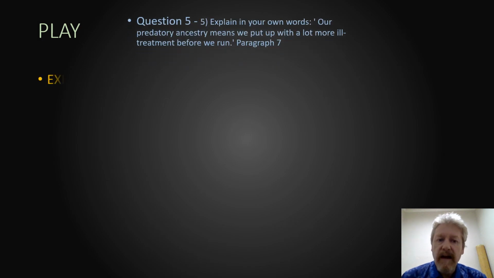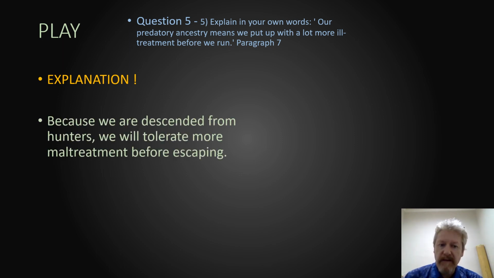Question 5, explain in your own words our predatory ancestry means we put up with a lot more ill treatment before we run. Again, this is an explanation. Now, have a look at this. Because we are descended from hunters, and that refers to our predatory ancestry, we will tolerate more maltreatment, which is another way of saying we will put up with a lot more ill treatment.